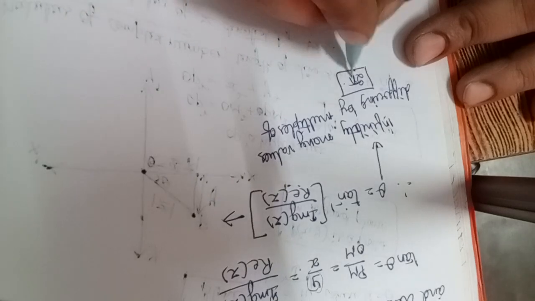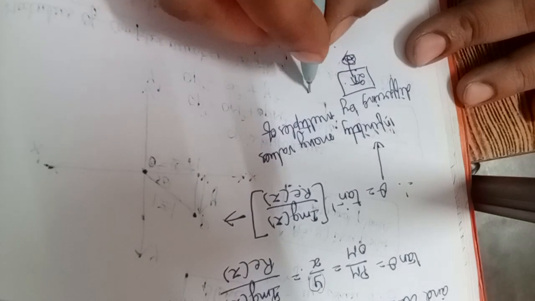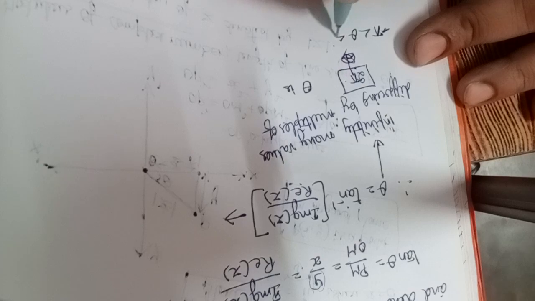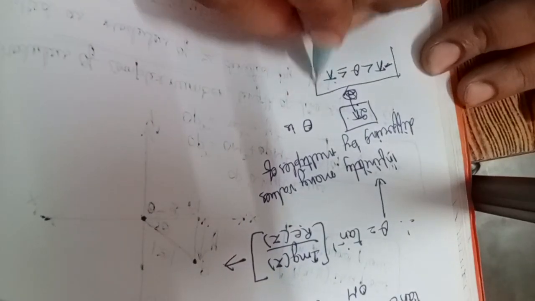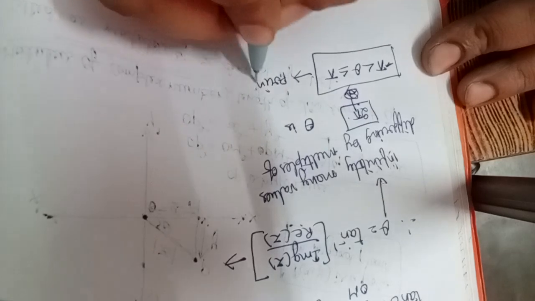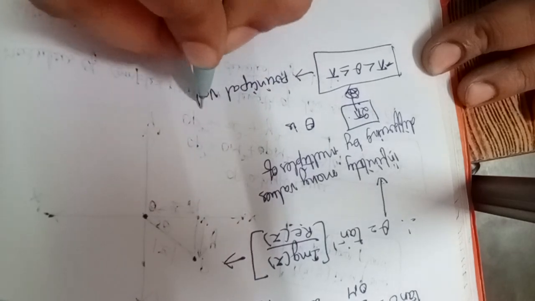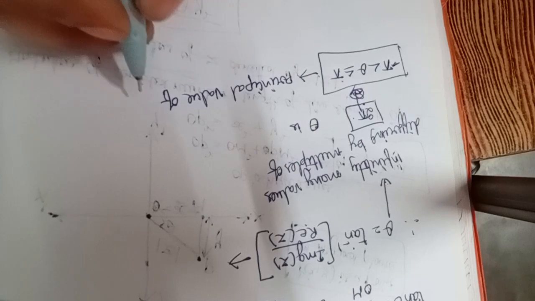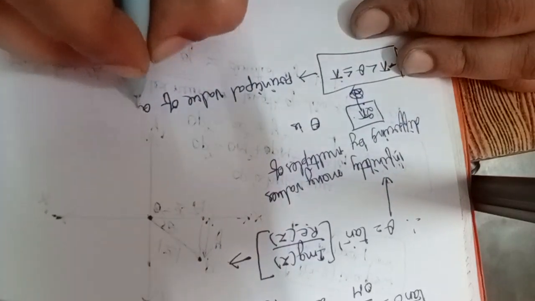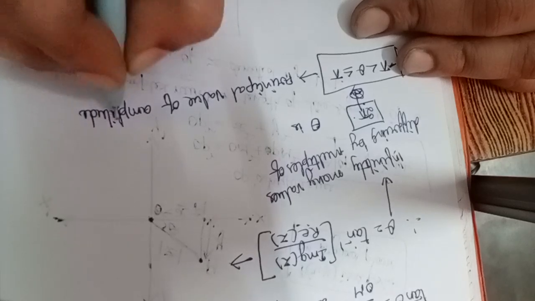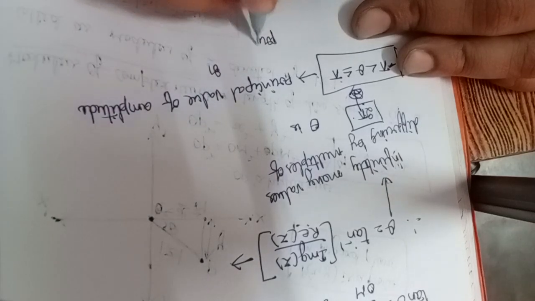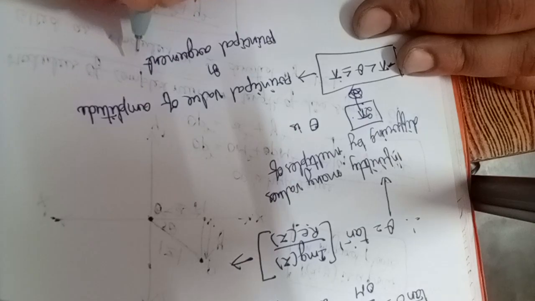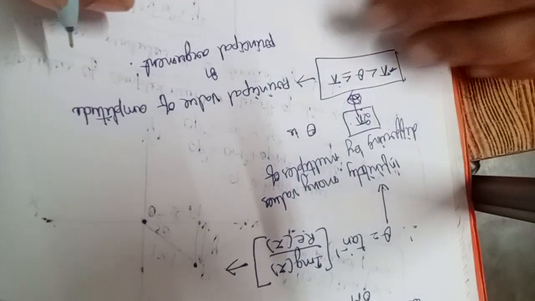For theta, minus pi less than theta less than or equal to pi is the principal value of the amplitude, or principal argument.